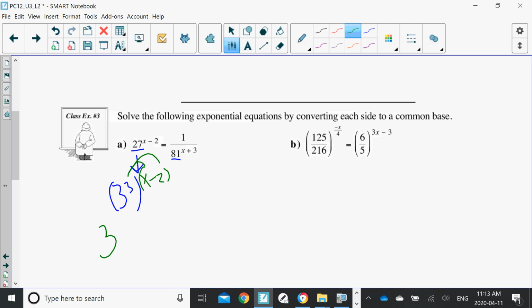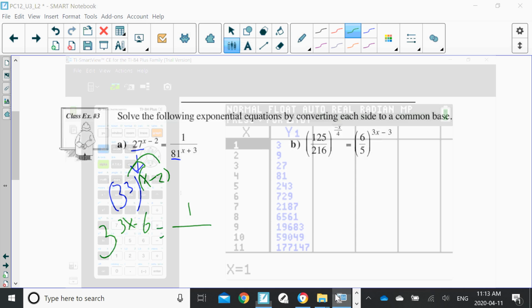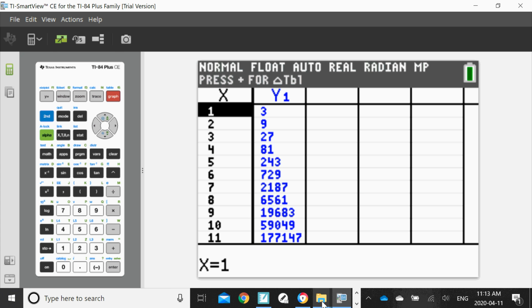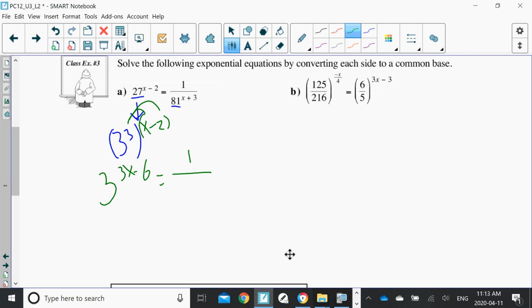So this would be 3 to the power of 3x minus 6 is equal to 1 over. We're going to convert 81 to base 3. And remember from our calculator, 81 is 3 to the power of 4. So I'll say, okay, 3 to the power of 4.